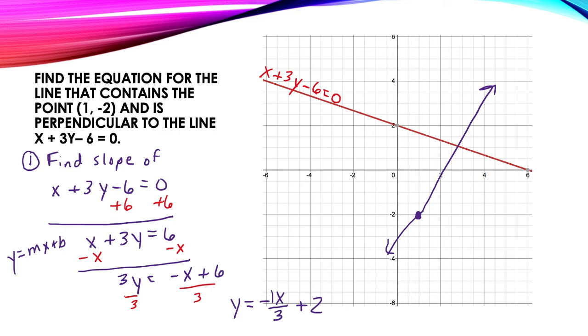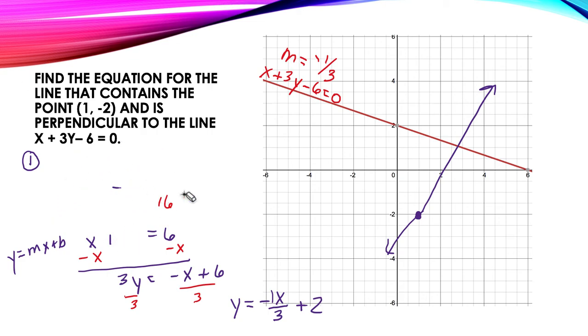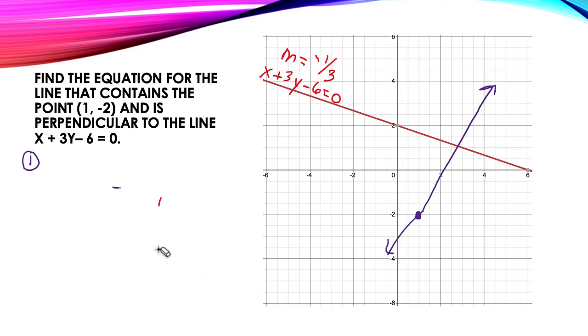Okay, so I'm going to make a note of that the slope of my red line, I have found that to be negative 1/3. Now we need to talk about the purple line, the line that we're trying to find the equation of. So what do we know about that line? Well, I know that it goes through the point 1, negative 2.